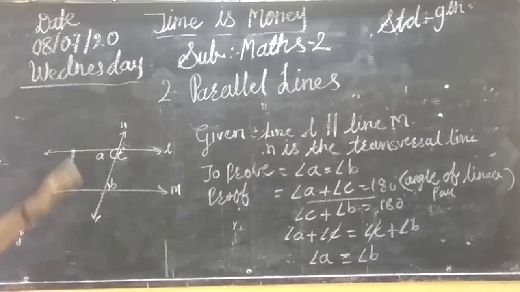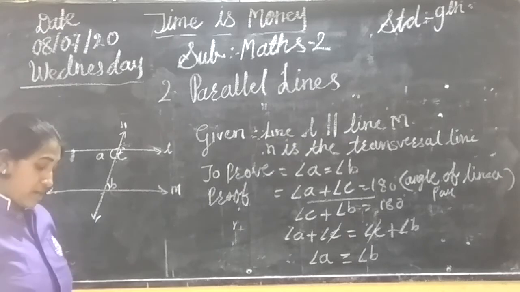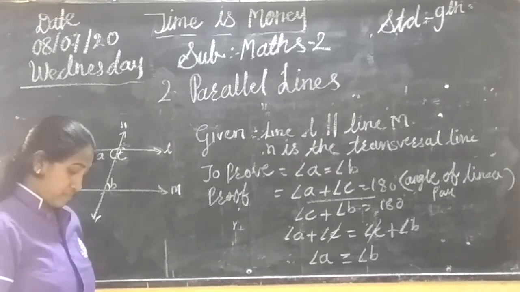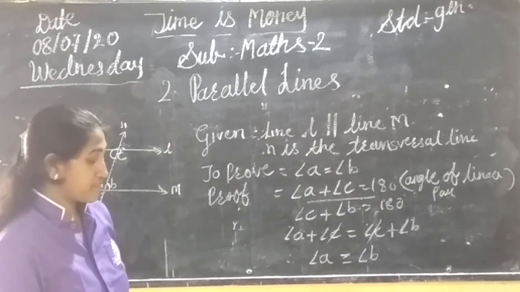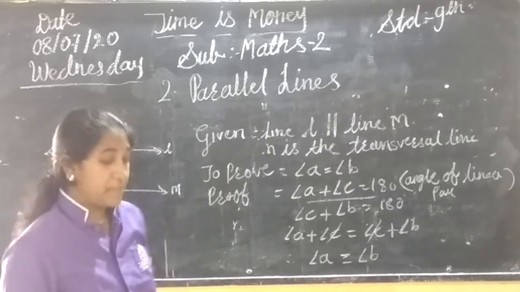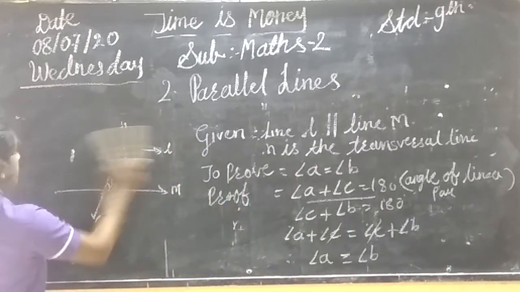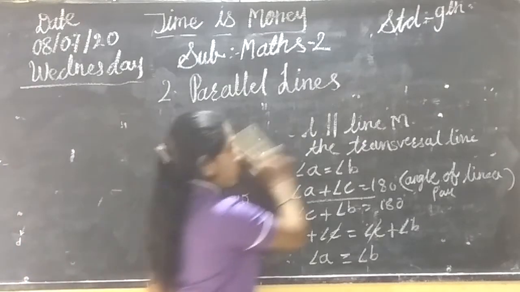Okay, that we have to give here, the alternate angle theorem is given. Then next, now we can start our practice set 2.1. See the practice set 2.1.